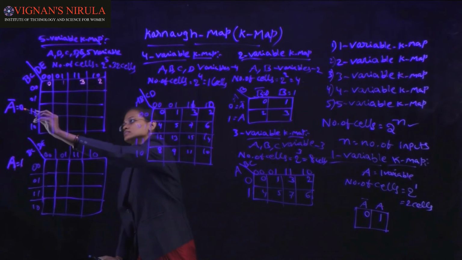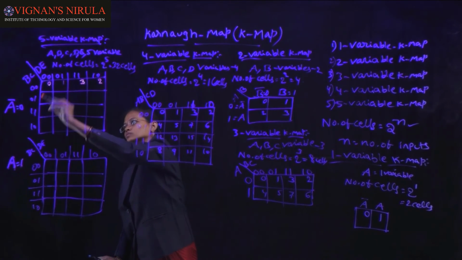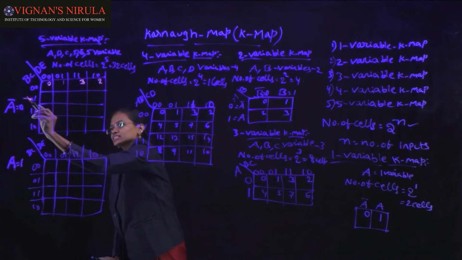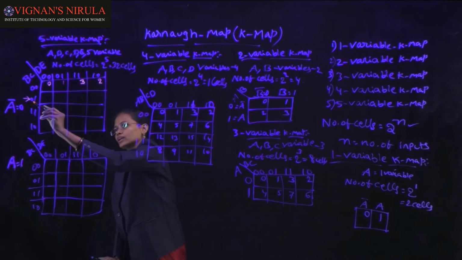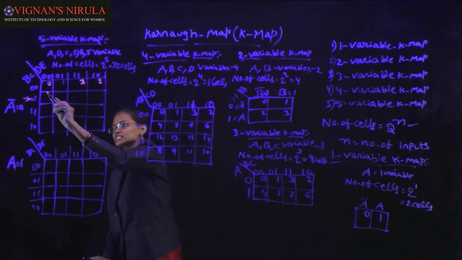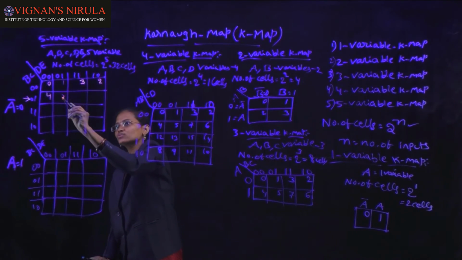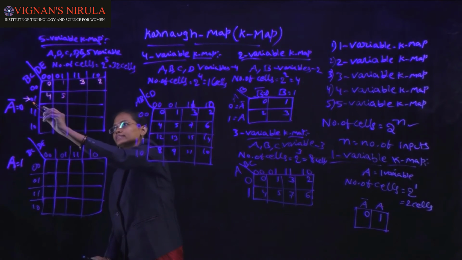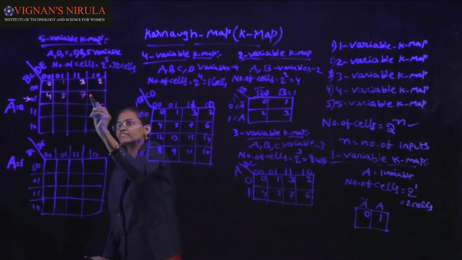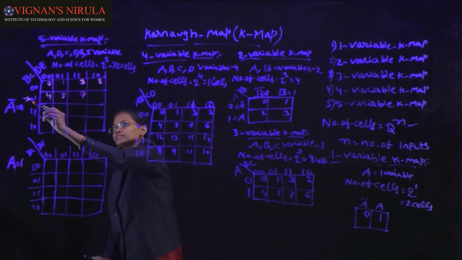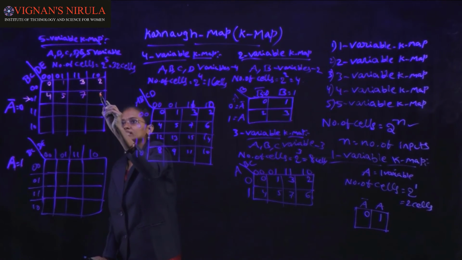And next, we are considering this row. 0 0 1 0 0 decimal number is 4. And 0 0 1 0 1 is 5. And next 0 0 1 1 1 is 7. And next 0 0 1 1 0 is 6.